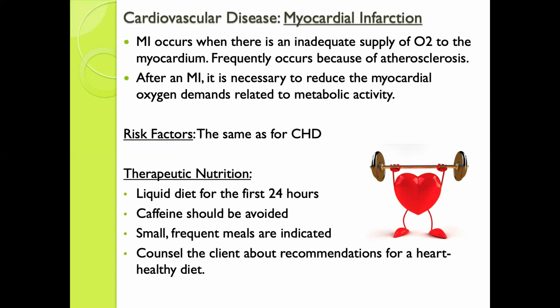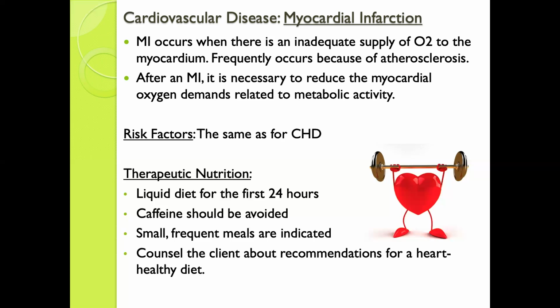And within just a few seconds, you begin to have stress on the tissue and then tissue death, right? And when the myocardium dies, it doesn't grow back. It gets replaced by scar tissue, and scar tissue can't do any pumping, okay? So your heart is weaker from that point on.